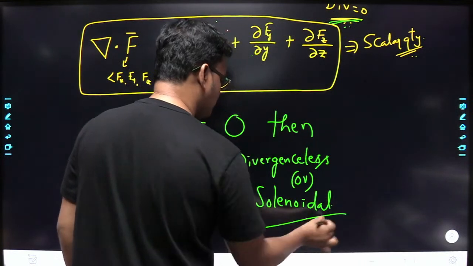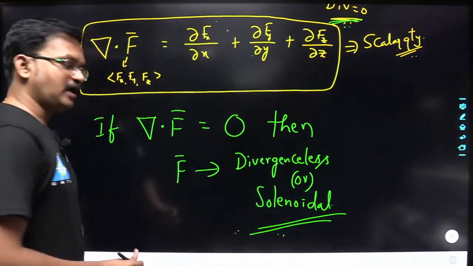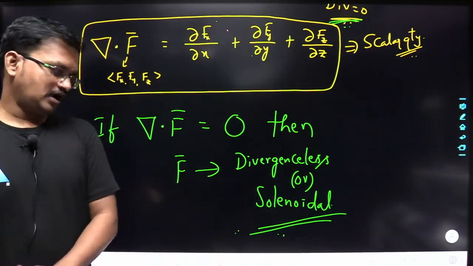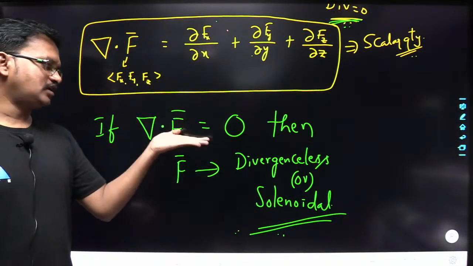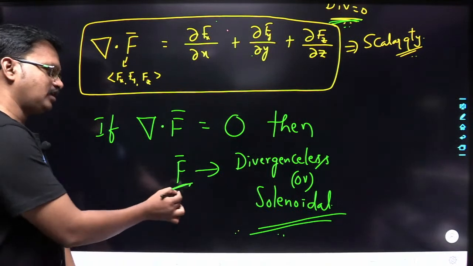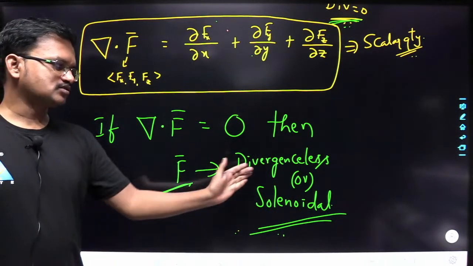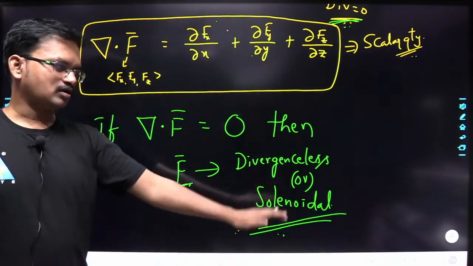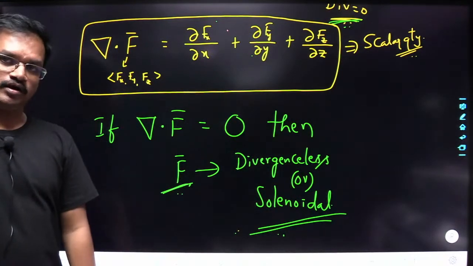So if you calculate the divergence of any vector field and you get that divergence equal to 0, then we can simply say that the vector field is called divergenceless or solenoidal, right?